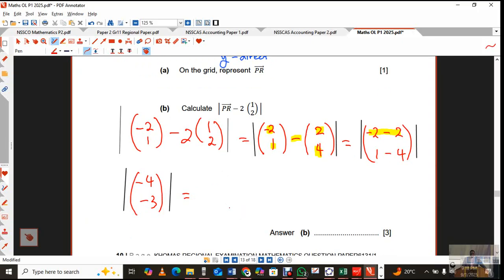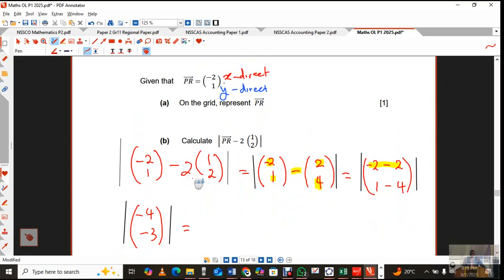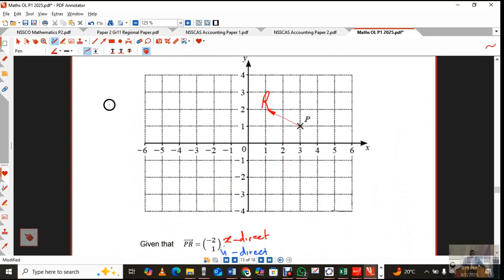Of course, on the grid, if I was to ask you to draw this, starting at any point, let's say we were starting here, and I want you to draw negative 4.